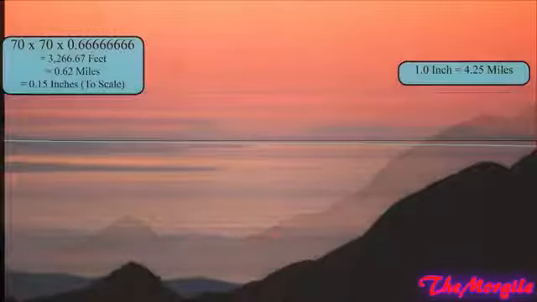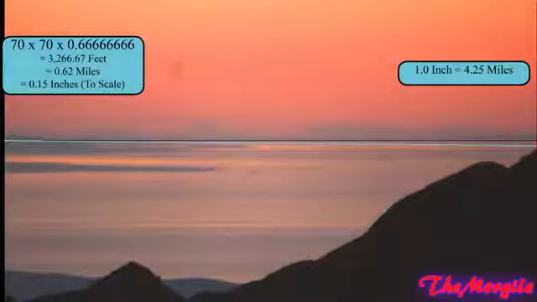And on the next slide, what we're going to do is a little bit different. Let's assume that you were standing directly all the way to the left, which you'd have to move a little bit over to the left in order to be at that spot. But seeing how the horizon is perfectly horizontal, it's sort of irrelevant. We can just say, okay, let's just do this with the whole 70 miles.